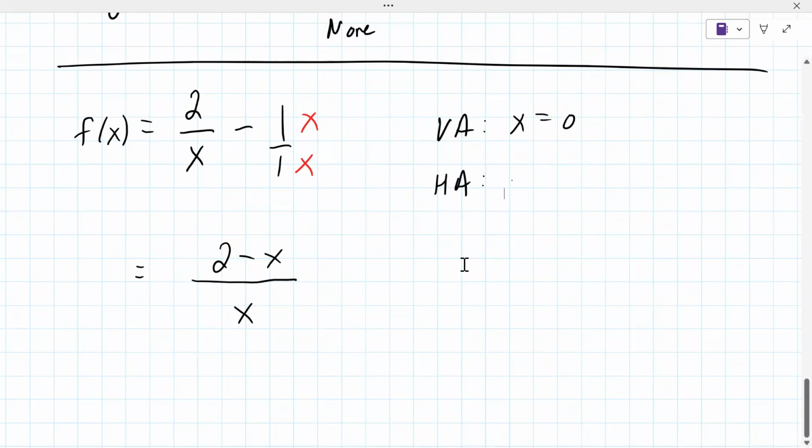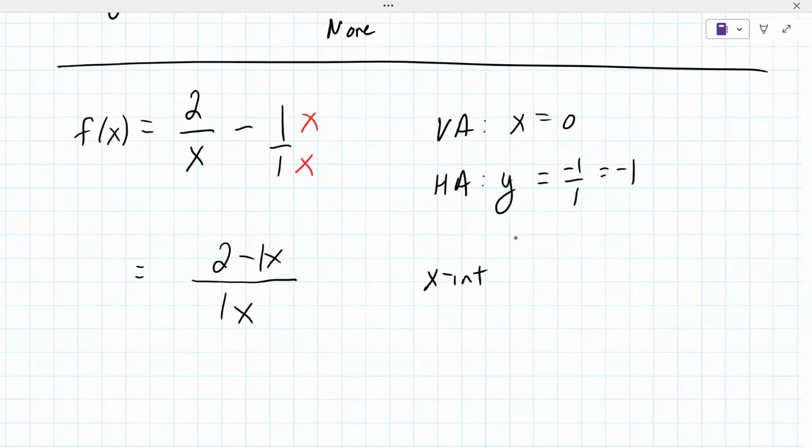So then the horizontal, I believe, would be -1. It's the ratio of the leading coefficients, -1 over 1, which is -1. Then the x-intercept is taking the top and making it go to 0.